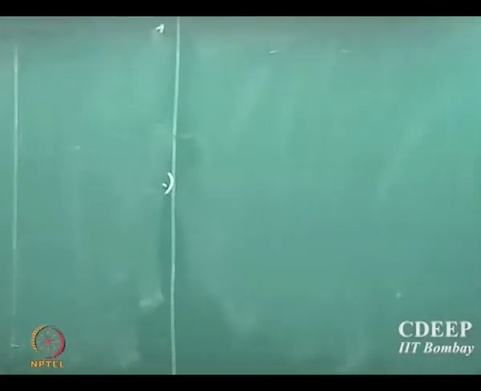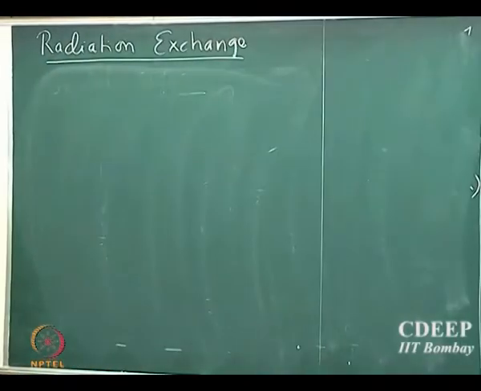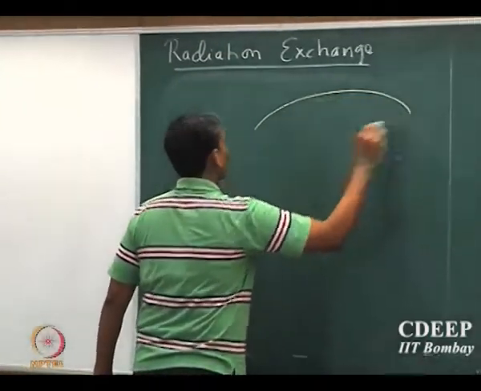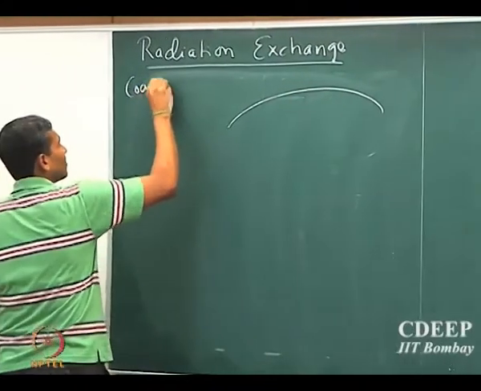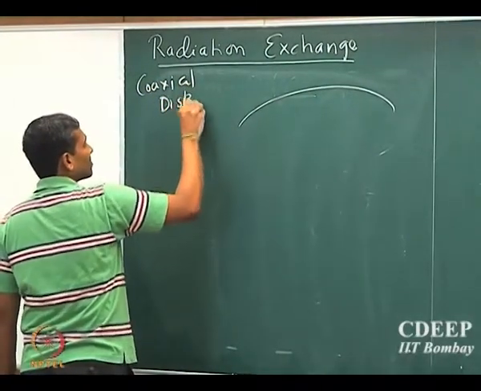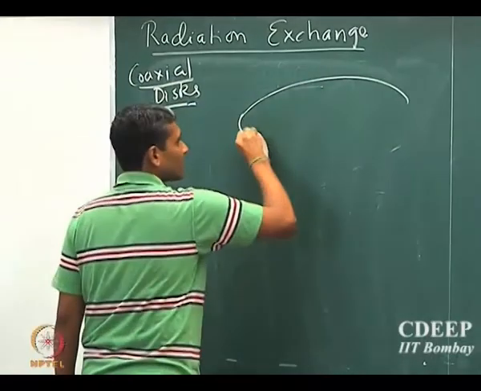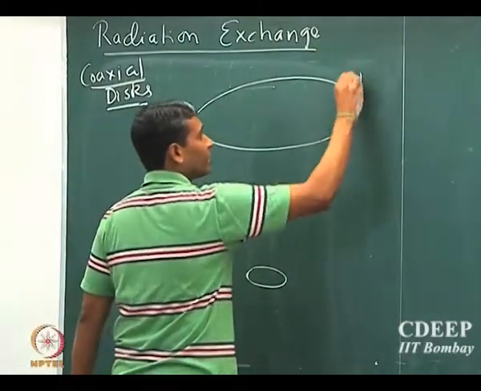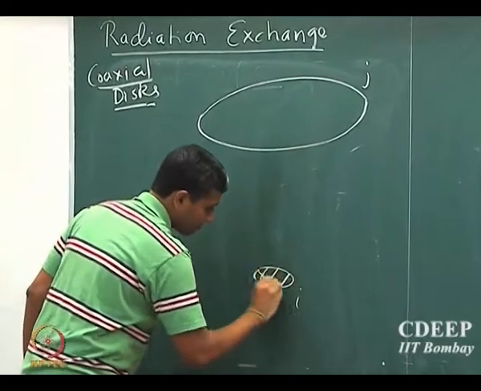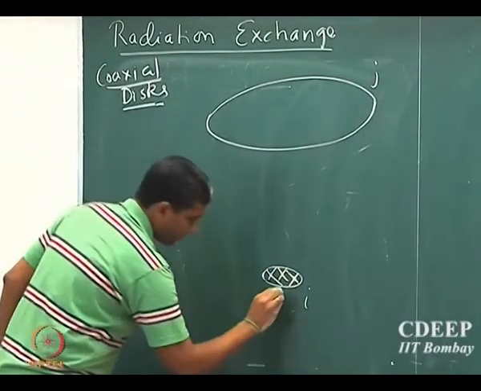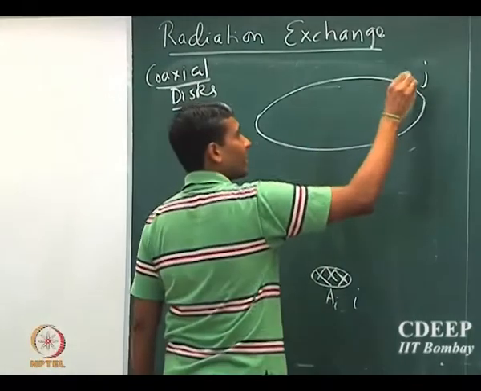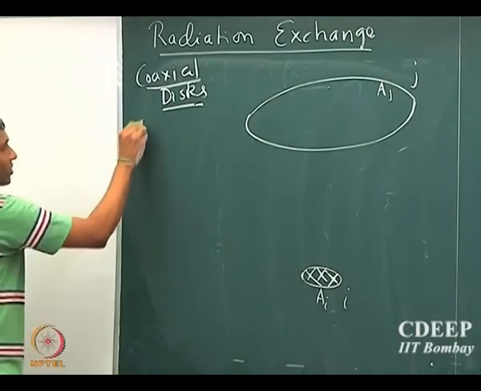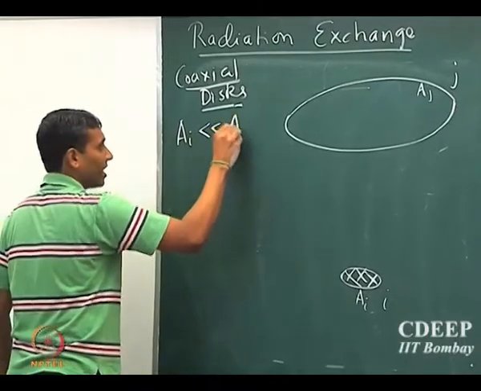So we are going to look at a specific example now, where we do not have a choice but to use the integrals. Let us say you look at the coaxial disk. So this is surface j and this is surface I. If the surface area is Ai and the surface area is Aj, as a first example, I will assume that Ai is much smaller than Aj.